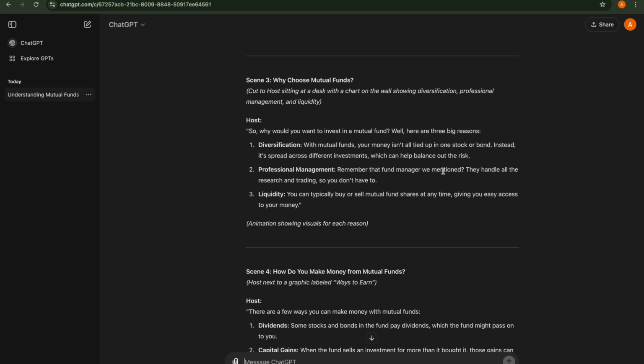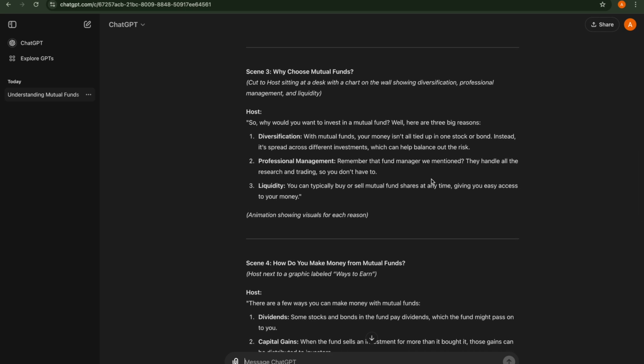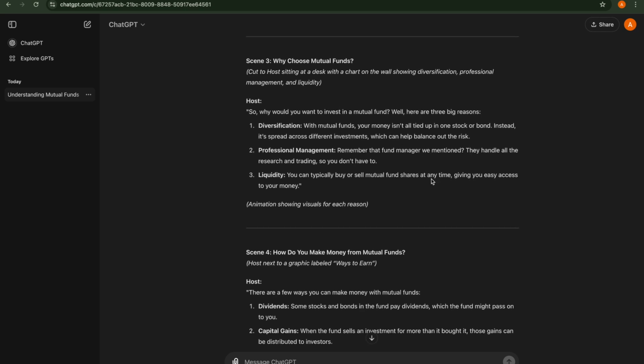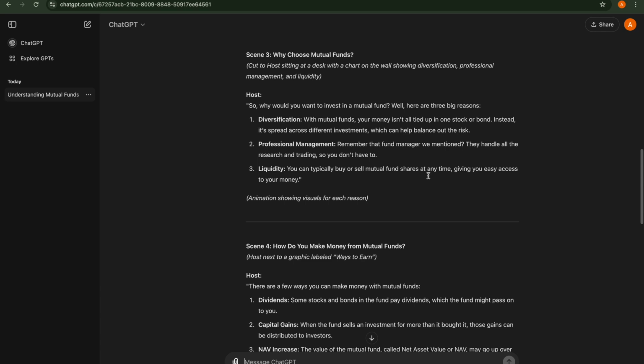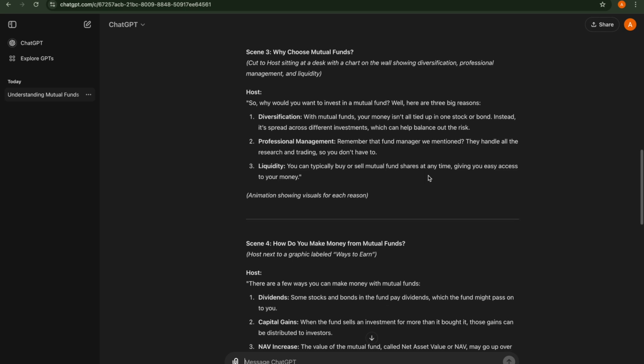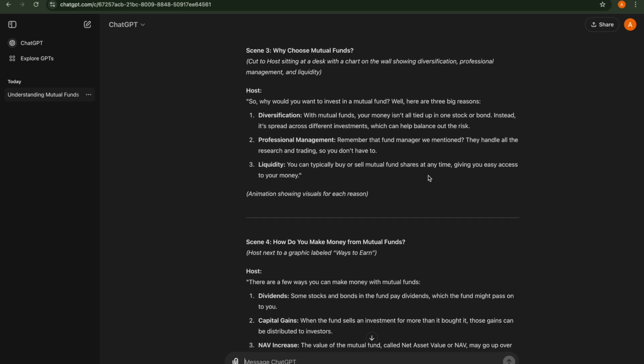So, in short, your 1,000 rupees would be invested in, if not 10, if not 50, then 100 different companies, with a portfolio of positively affecting, negatively affecting, a balancing, a calculated risk. So the diversification advantage when you're investing in mutual funds is immense, which otherwise wouldn't be possible for you to keep track of, or to continuously research what's going on in the market.